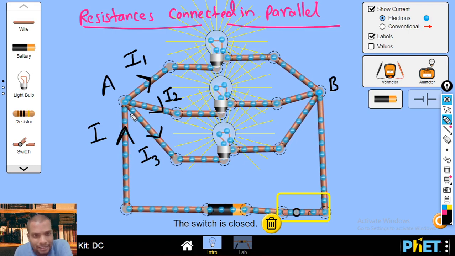Just like a water connection, you can take that as an example. If this is a main canal, the charges here are converted into water from the main canal.